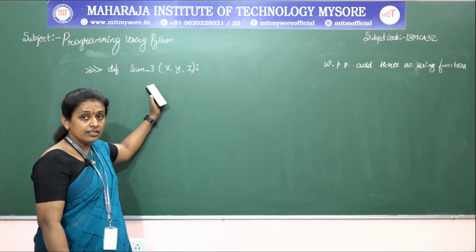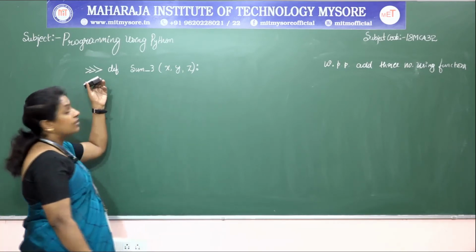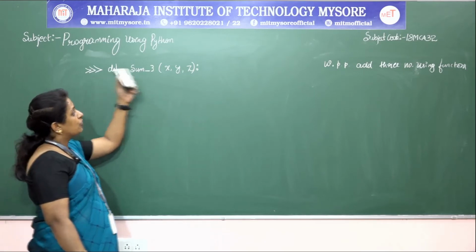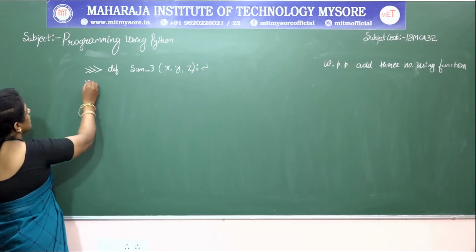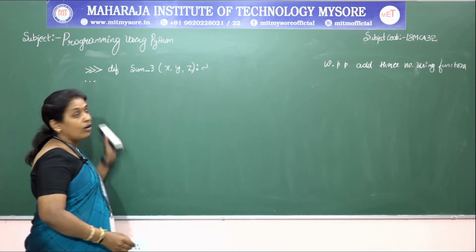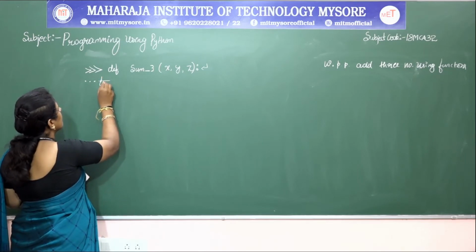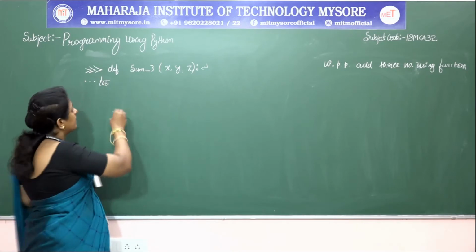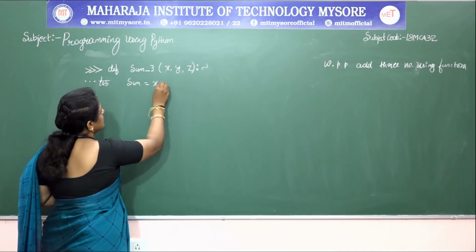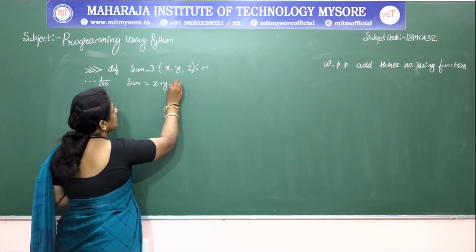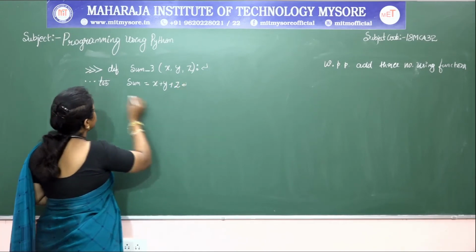For writing this code I am using the Python shell, so when I hit enter it will show the 3 dots prompt. After that I need to take a tab and write sum equal to x plus y plus z, then press enter.